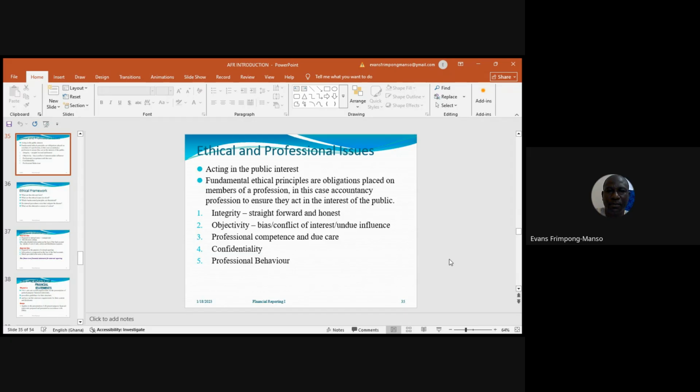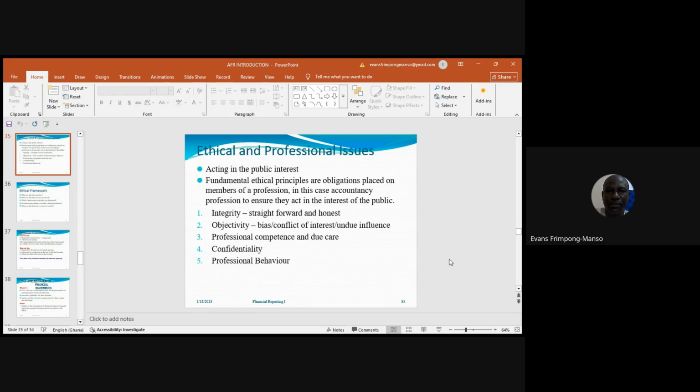Then, as an accountant, you should be confidential. It is not everything that you see by virtue of your position in the entity. You will come across so many things. It is not everything that you see that you have to disclose to the general public.